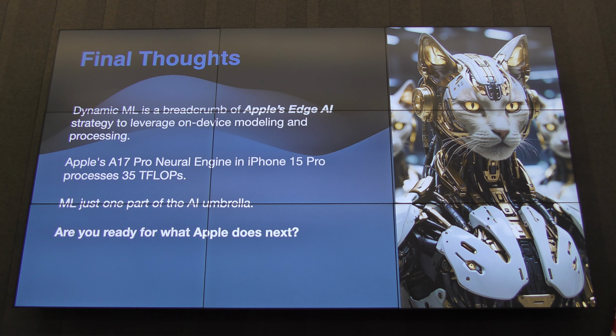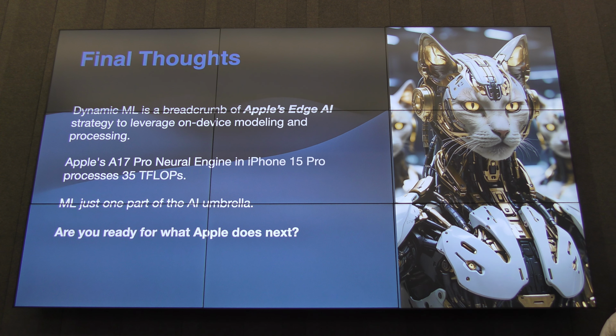Okay, final thoughts. I'm calling this a breadcrumb of Apple's Edge AI because, if everything that they're going to be doing, and there's no telling what they're going to wind up doing, but I think for sure on-device processing is going to have a lot to do with it.